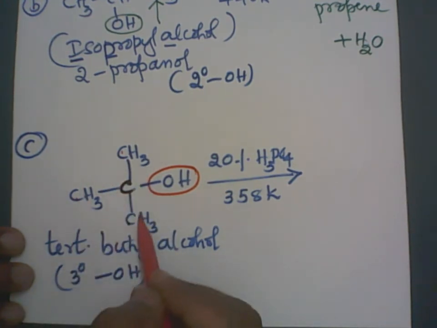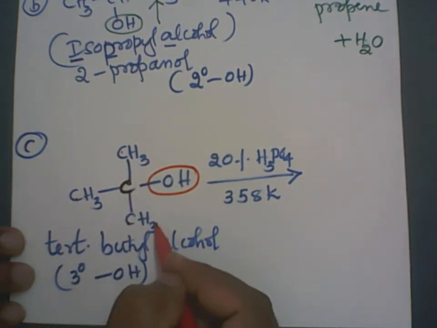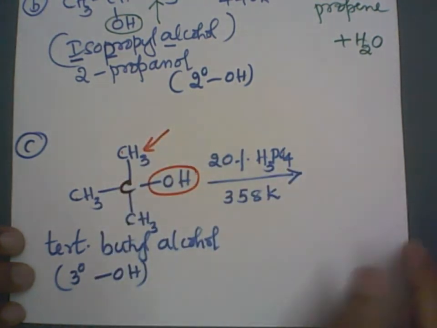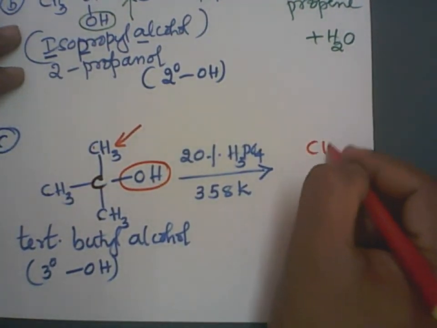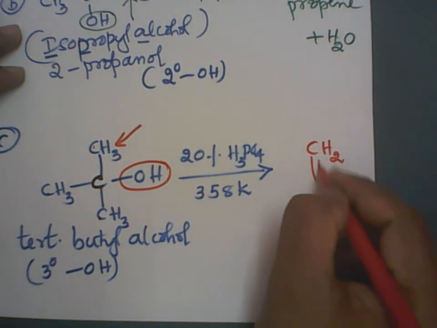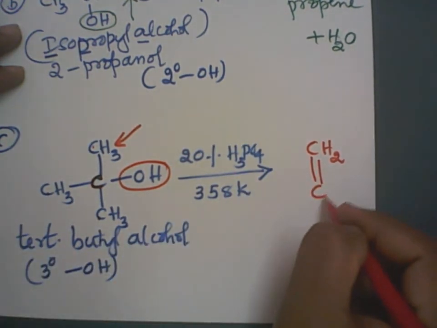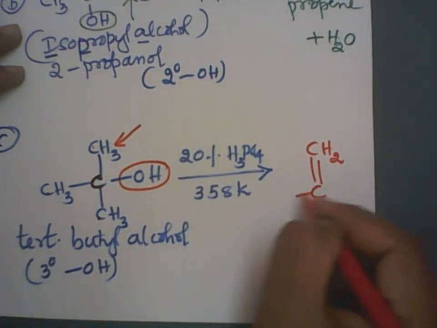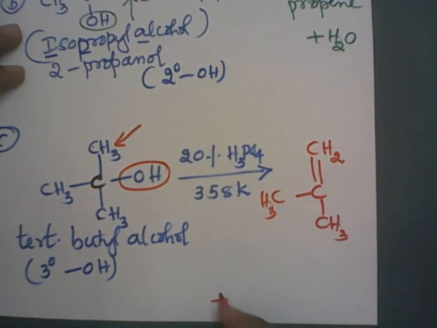All are neighboring carbon atoms in equivalent positions. So let me remove hydrogen from here. If I remove hydrogen from here, it becomes CH2. Then I introduce a double bond there. Then C, with CH3 and CH3, plus water.